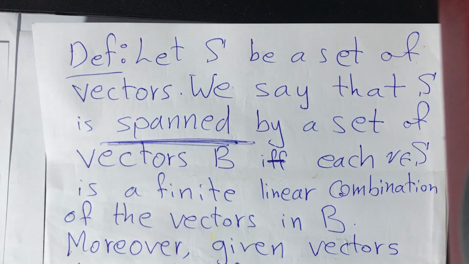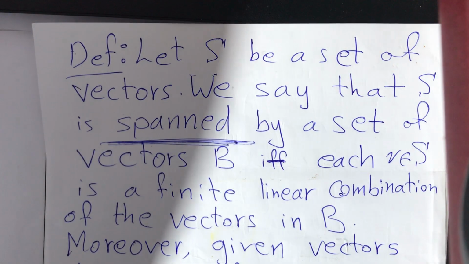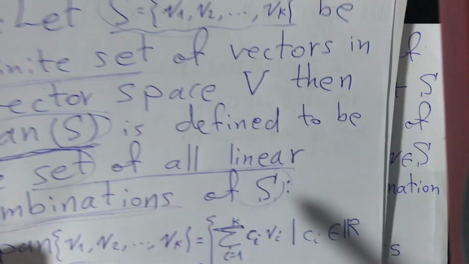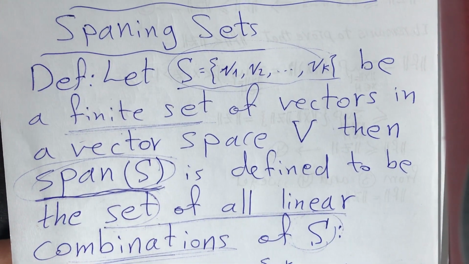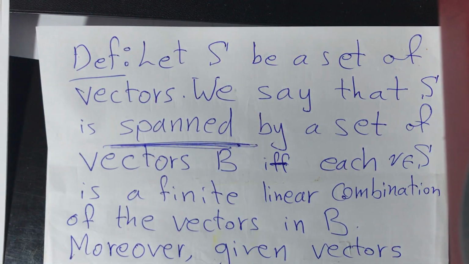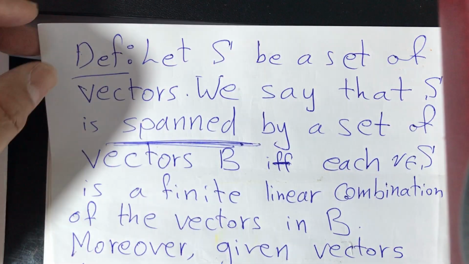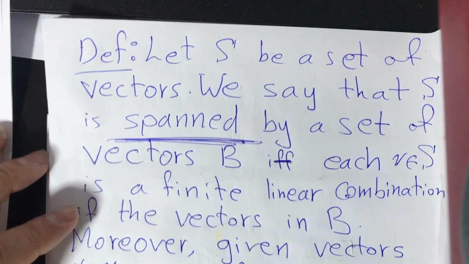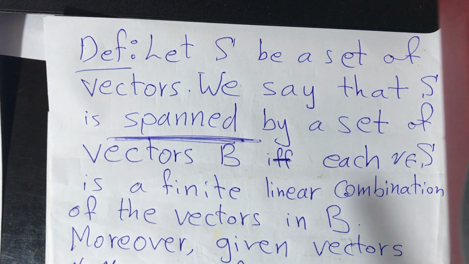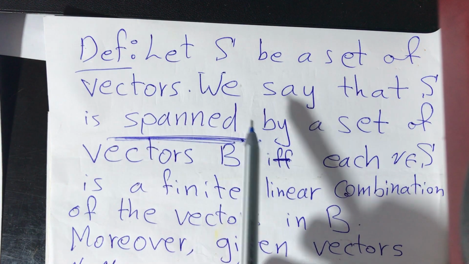So we can define span set by the first definition, which is on page number 1, and this is the second definition. We can choose any one. Here the same idea: S is a set of vectors.